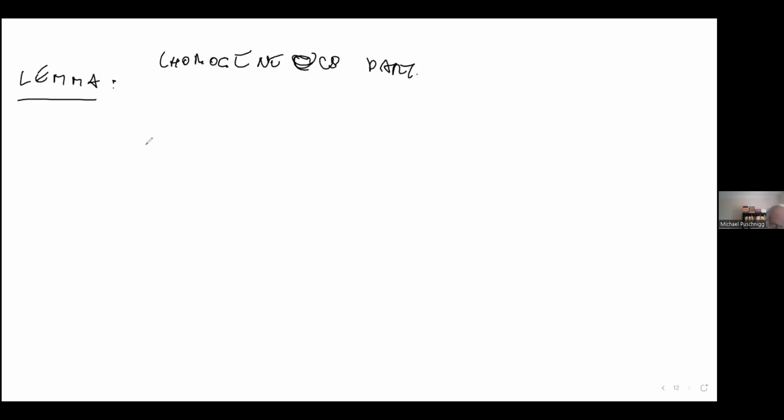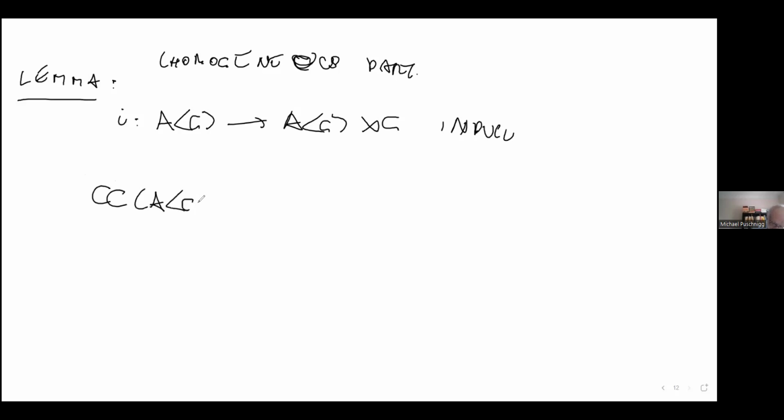Namely, the inclusion of the stupid algebra, the standard inclusion into its cross product with G, induces a map from CC of A cross G to CC of this algebra here, our big complex, relative to KG.